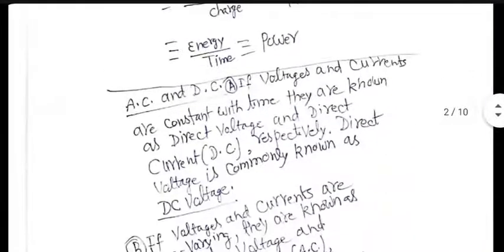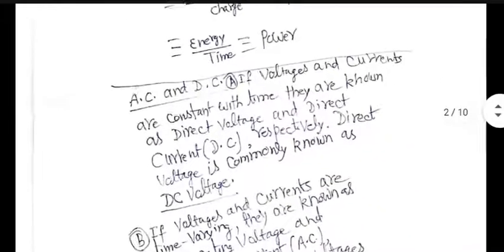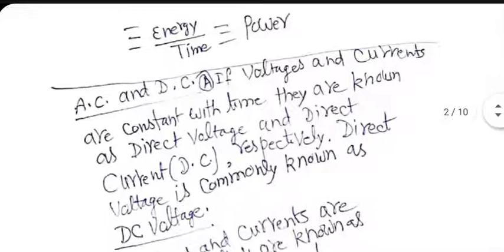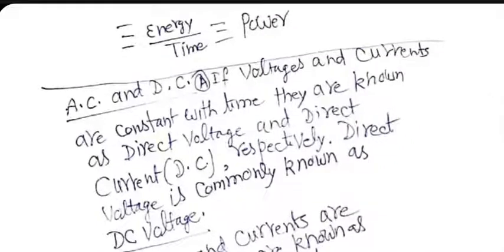Okay. Now AC and DC, you know this concept very well. So briefly going through it for the sake of completeness. DC doesn't change with time, AC does. And normally we deal with periodic signals. That means they repeat their values after a certain period of time, which is known as the time period. Okay, fair enough.